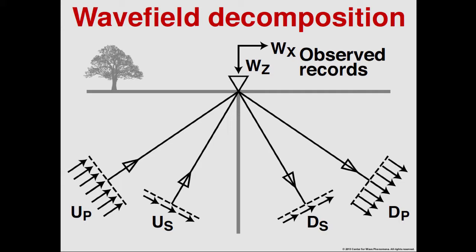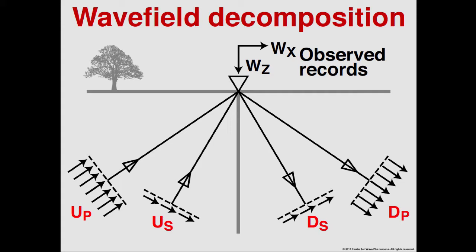Therefore, if we use observed records for seismic interferometry, the deconvolved wave field contains a lot of crosstalk between P and S waves. By the way, in this figure and in this talk, W indicates observed records, U is upgoing waves, and D is downgoing waves. So by using decomposition, we try to estimate these four terms: upgoing and downgoing P and S waves separately.